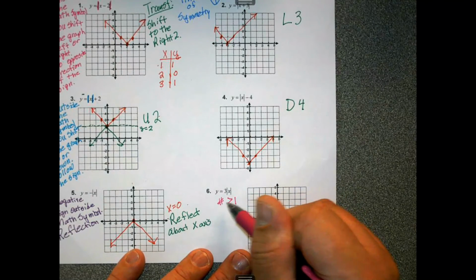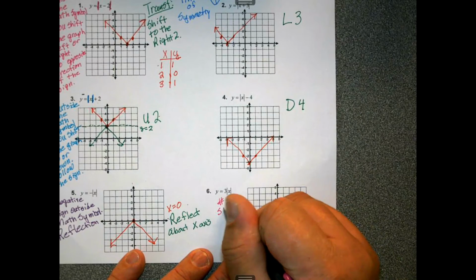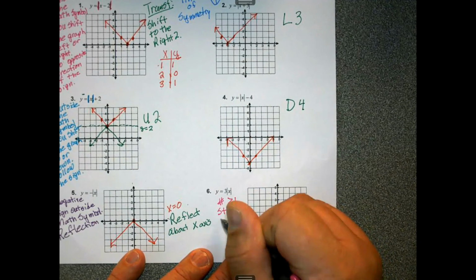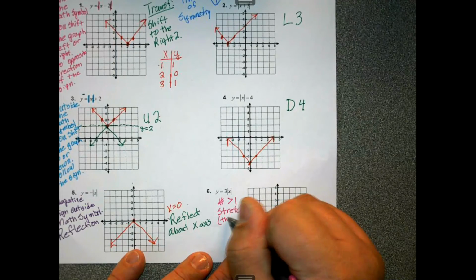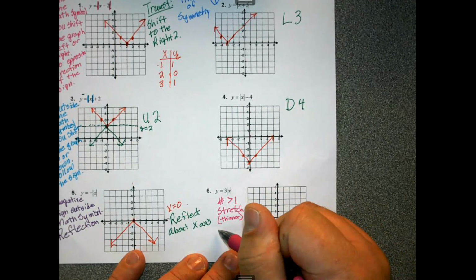If I have a number greater than 1, I'm going to stretch, or in other words, make it thinner, and I'll show you what I mean. I'm going to stretch the graph.